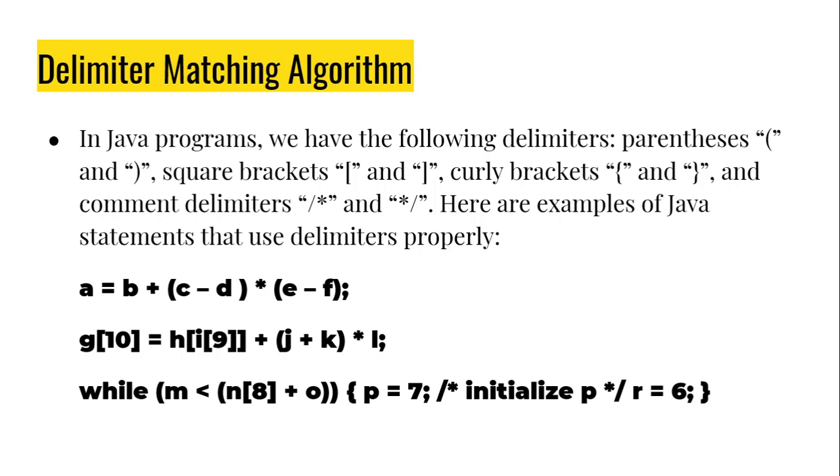We also have here the comment delimiter, which is forward slash and asterisk. That's the open comment delimiter. And then we have the comment, initialize p. And then we proceeded with an asterisk and forward slash. So it closed the entire comment.